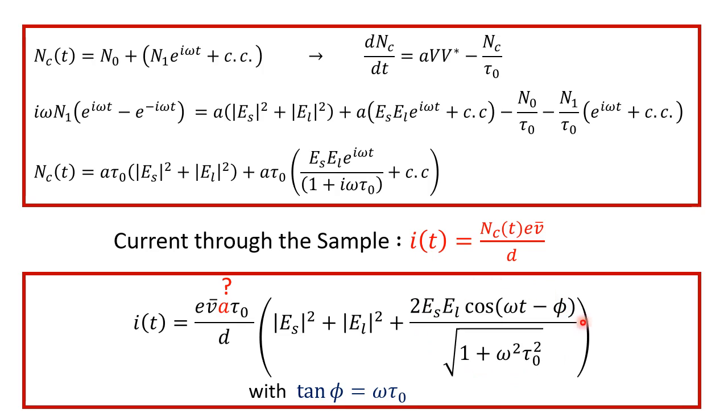And I can write it down as this real quantity, because after all, it's a combination of two complex numbers which are complex conjugate of each other. So I can write it down in the real form with an appropriate phase. So the phase is simply the tan inverse of omega times tau naught. That's the phase, right?